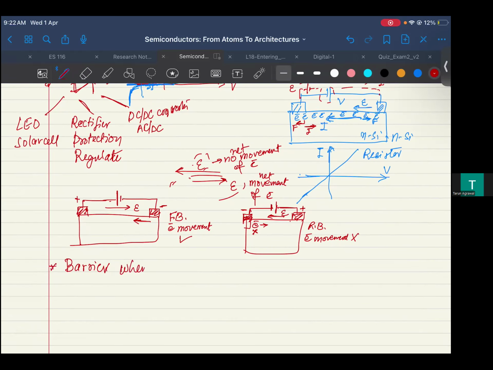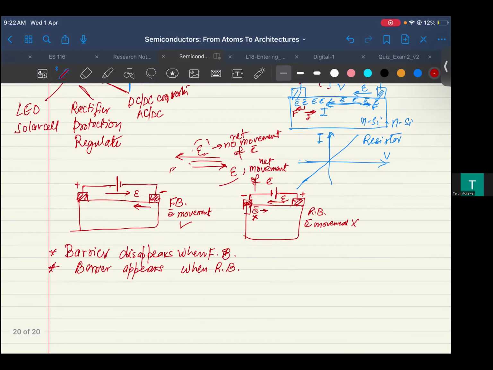The barrier disappears when forward bias, and the barrier appears when reverse bias. Now you say, what is going to happen?